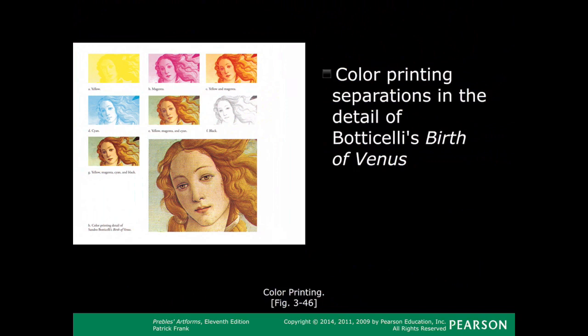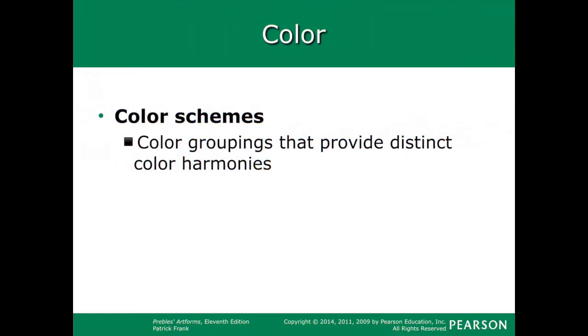Printing is a type of digital work, so they have to add each color separately. You'll notice in this example here, the yellow section is separate from the magenta, and then the cyan is separated. And then we have the black. In order for them to recreate the color, they had to put all of these layers together.